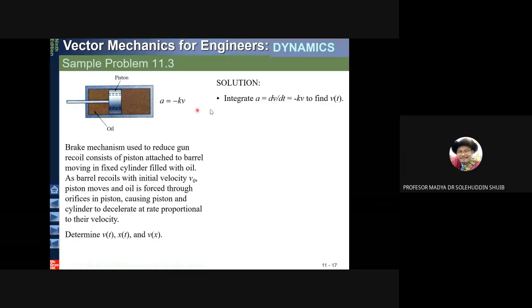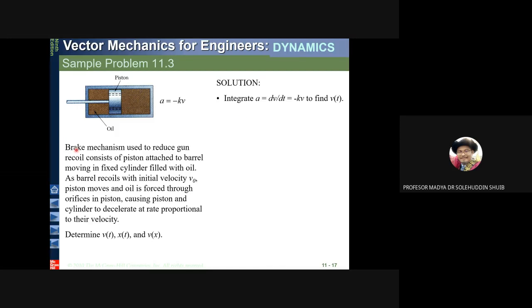We know that acceleration equals dv/dt, equal to minus kv. This is given in the problem. This is the first thing you need to do, and then we need to find the velocity as a function of t.